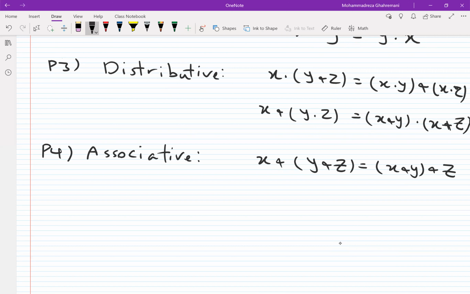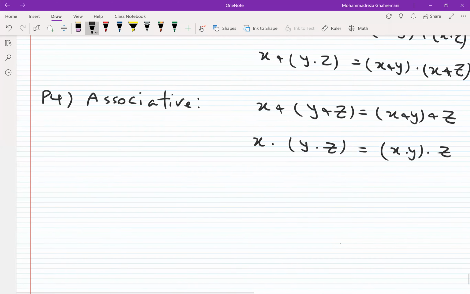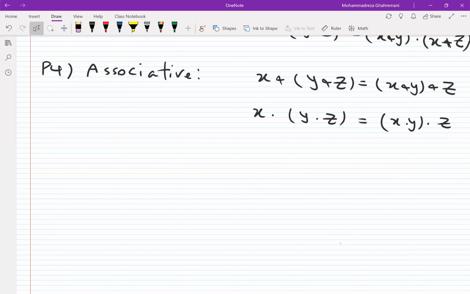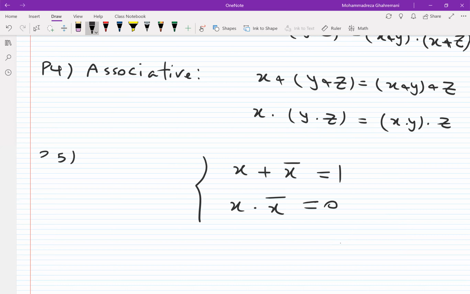And also we can say x dot (y dot z) is equal to (x dot y) dot z. Okay, and postulate number 5 says that any variable OR with its complement is equal to 1, and any variable AND with its complement is equal to 0. Okay, it's very important.